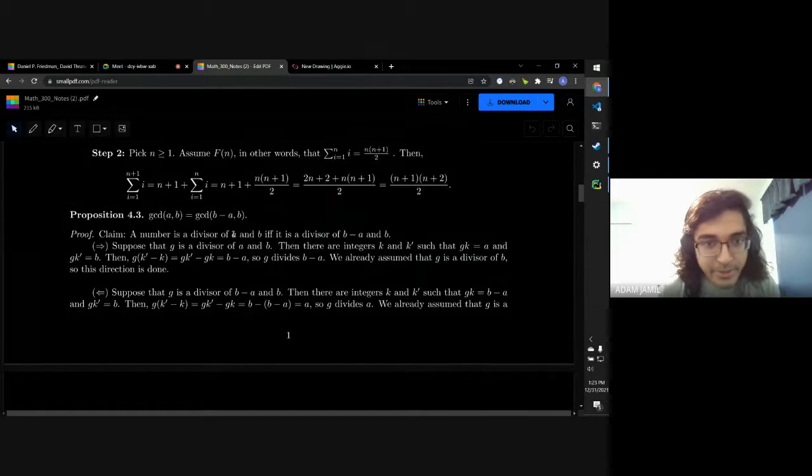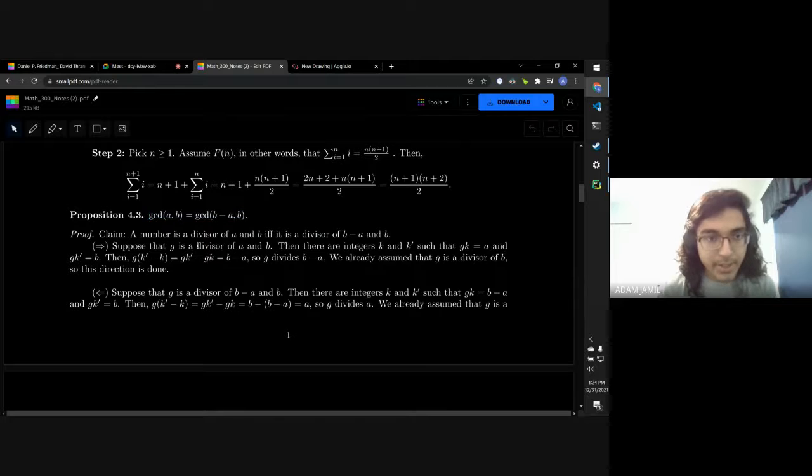So we have two things over here. The number needs to be a divisor of a and b, and two things over here. It needs to be a divisor of b minus a and b. It's a little bit strange. You have being a divisor of b on both sides, but it turns out that if we prove this claim, it's exactly equal to this.